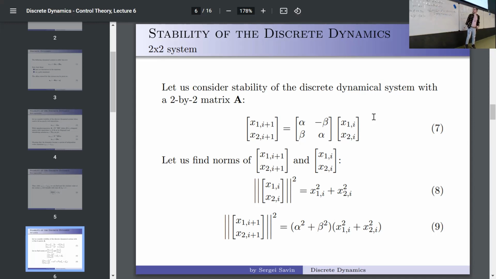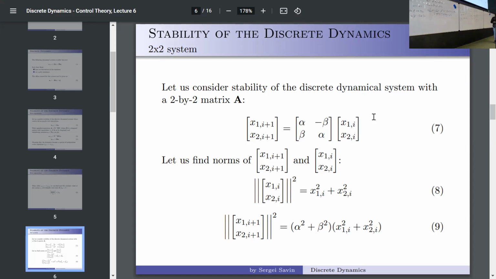Please notice that we have a minus sign here and a plus sign here, and the same expression. So this cross term vanishes. It is the same here, but with different signs, so it vanishes. So what we have is alpha squared appearing twice in front of x1i squared and x2i squared, and beta squared appearing twice in front of x2i squared and x1i squared. So we can take it out of the brackets and we get this expression 9.